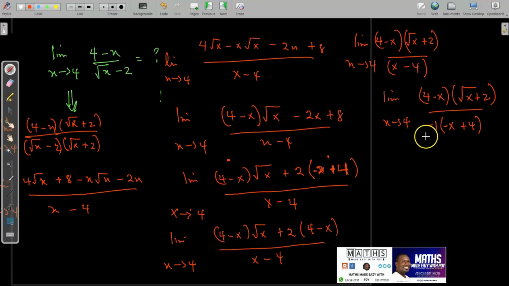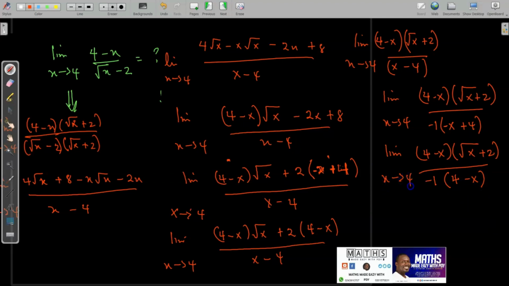Then at this point, you know that this is the same as limit of 4 minus x times root of x plus 2 all over minus 1 out into bracket 4 minus x. Does it make sense now? As x approaches 4. So this time around, the 4 minus x here can do away with the 4 minus x there.